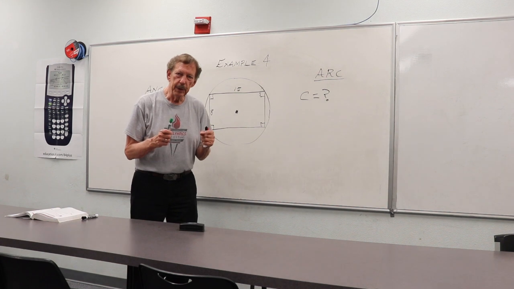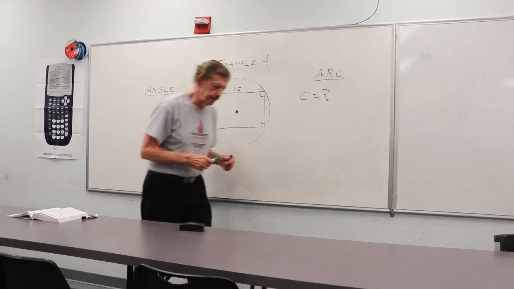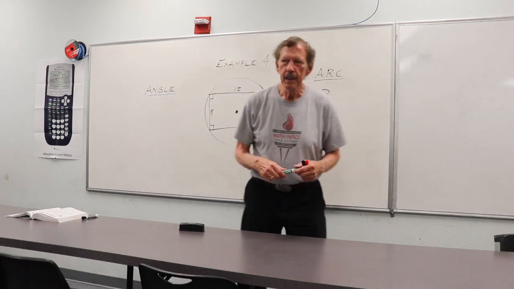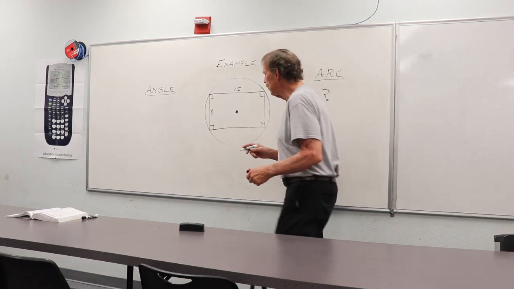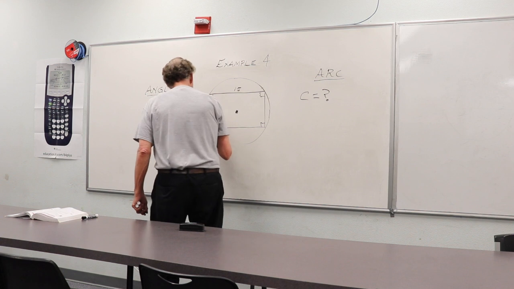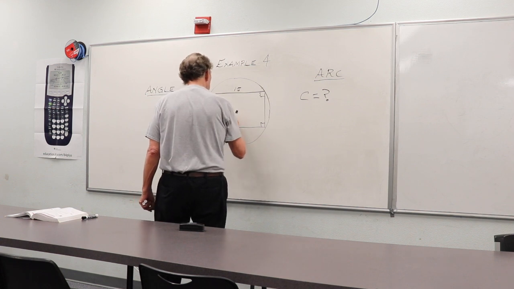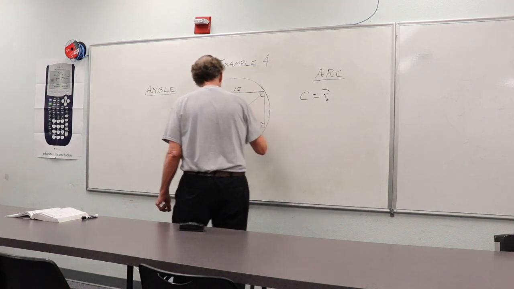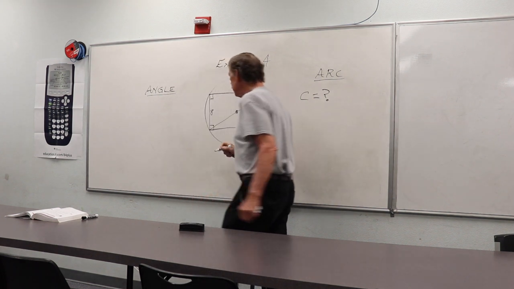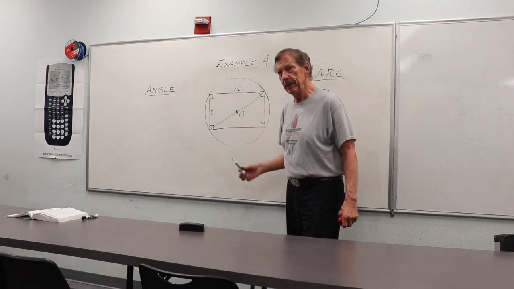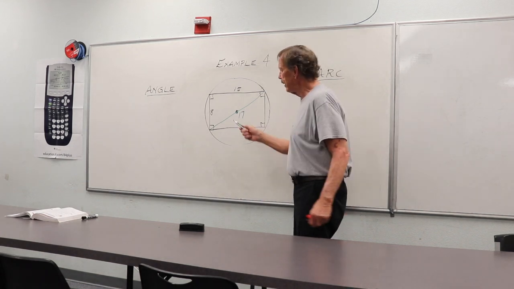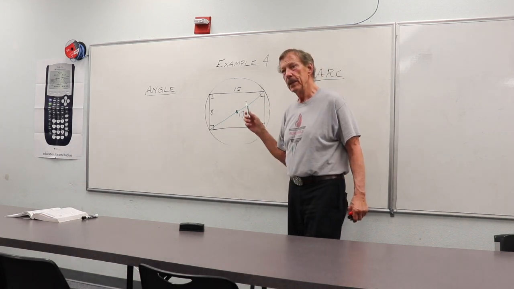If you know your Pythagorean triples, this triple is an 8, 15, 17 triple. And so we have a diameter.